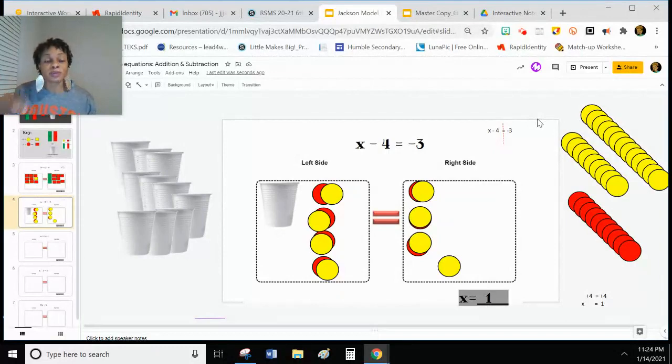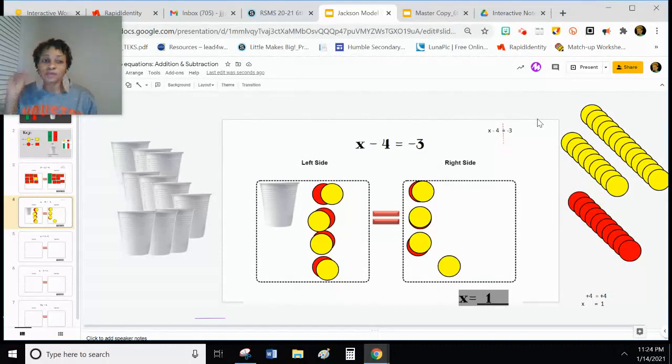It's you being able to follow the logical steps in the process. So I know you don't want to write it down, but please do your teacher a favor and write it down, because these steps are going to be so important in like 2 days from now when we're doing two-step equations. You have to know that first step, that second step. So you're practicing now to get ready for the bigger problems.